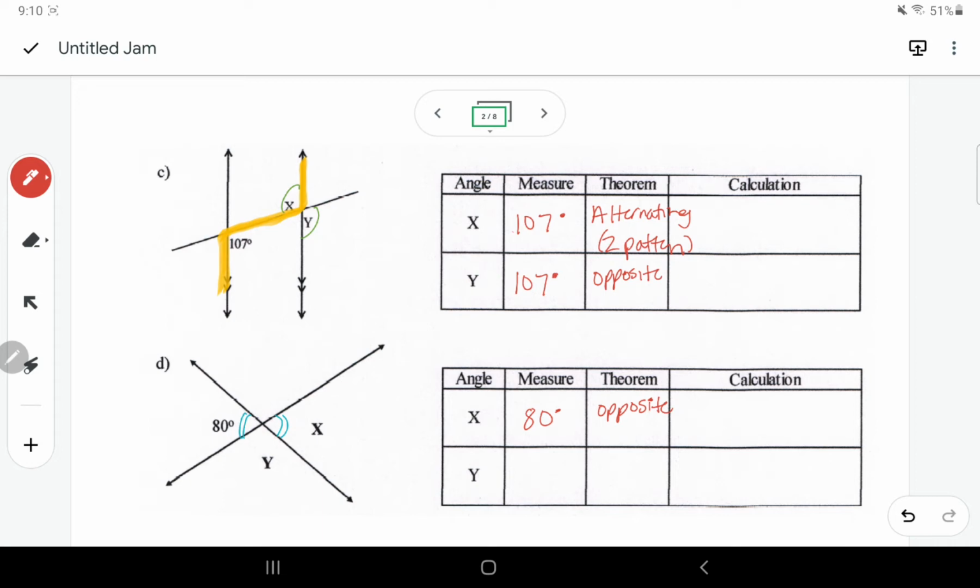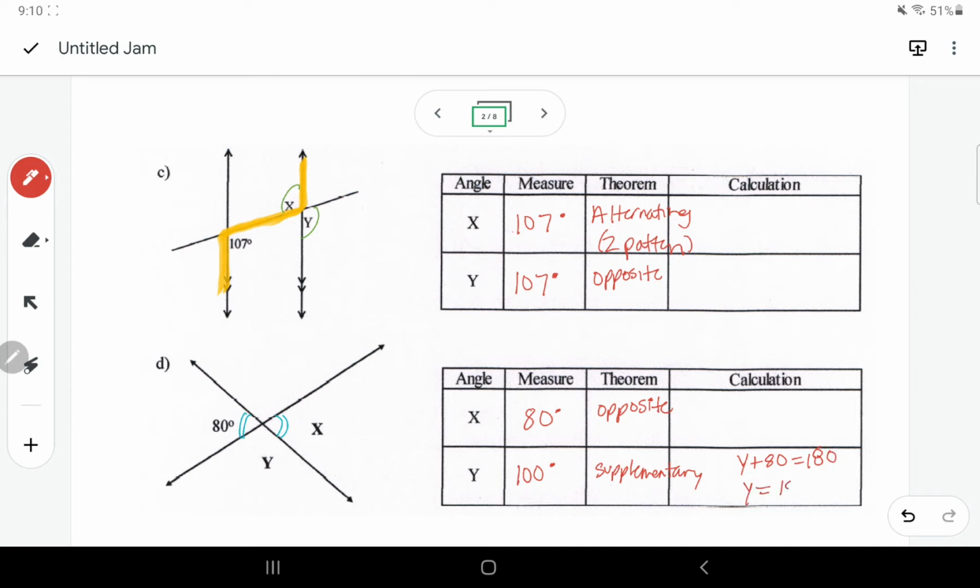For Y in D, we would have that that's 100 degrees. And we could calculate it with the supplementary. So that's supplementary. And Y plus 80 equals 180 degrees.